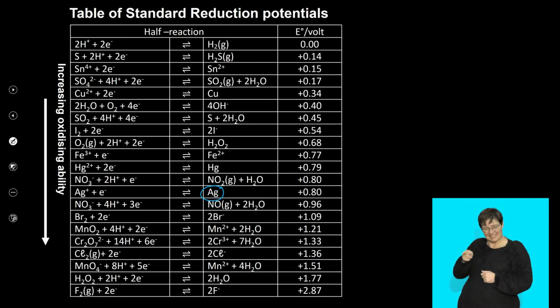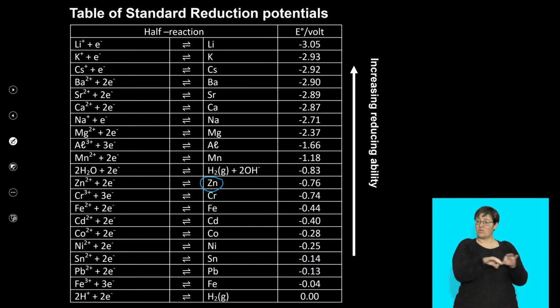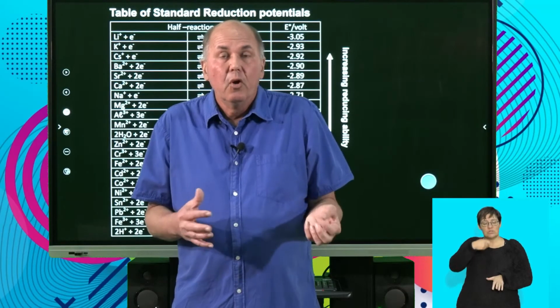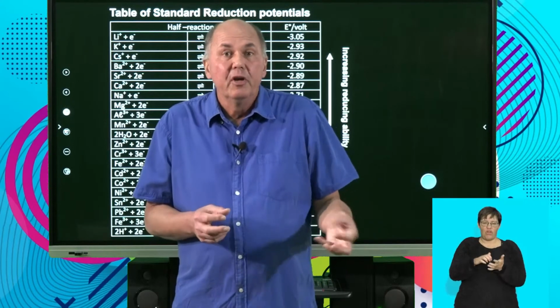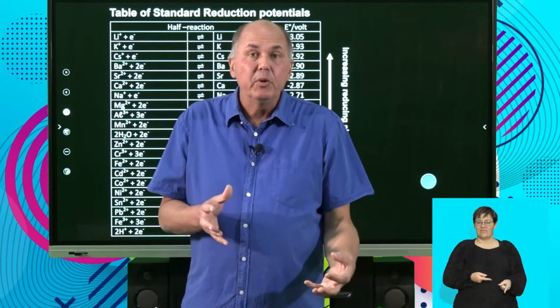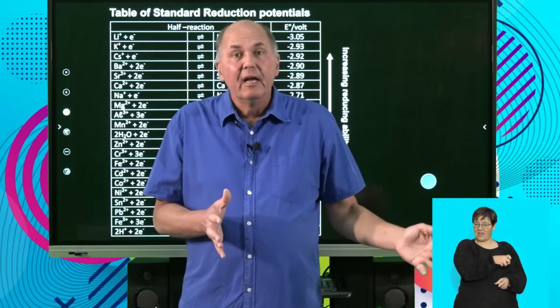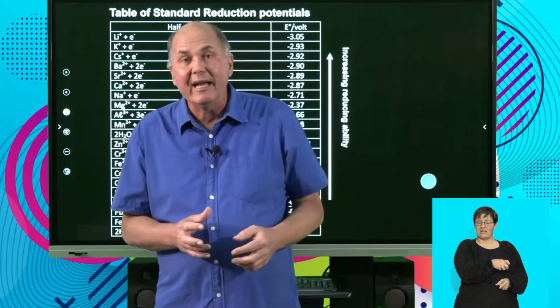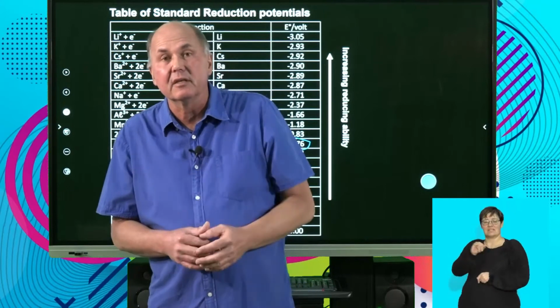Well, clearly, this one has an E0 value of plus 0.8, whereas the zinc has got a value of minus 0.76. So zinc is the better reducing agent. So the spoon would start to corrode and deposit zinc ions into the solution, and we would get the silver ions depositing onto the zinc.